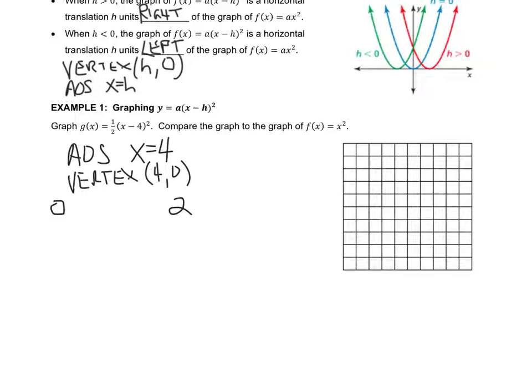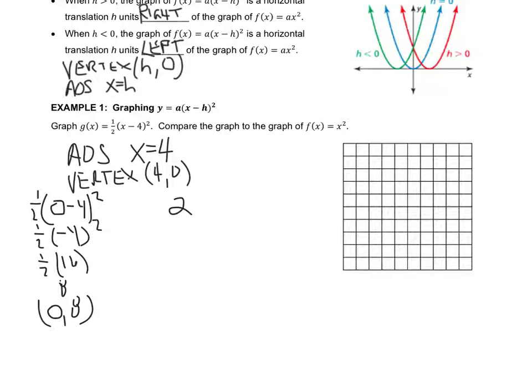So if x equals 0, if I plug that in, I get 1/2 times 0 minus 4 squared. 0 minus 4 is negative 4. I'm going to square that to get 1/2 times 16, which is 8. So another point on our graph is going to be 0, 8.